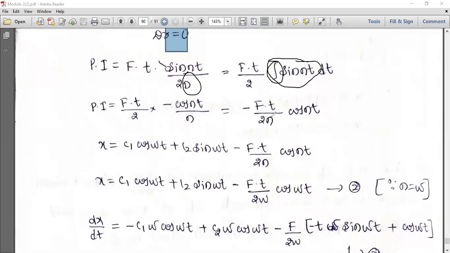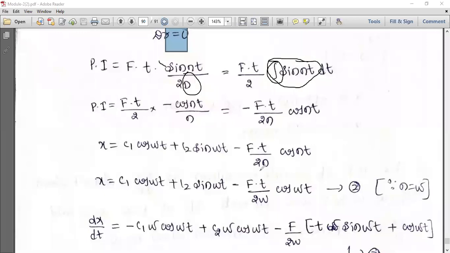Therefore, minus f into t divided by 2n into cos of nt. So therefore, x is given by c1 cos of omega t plus c2 sine of omega t minus f into t divided by 2n into cos of nt. N is nothing but omega, so minus f into t divided by 2 omega into cos of omega t.